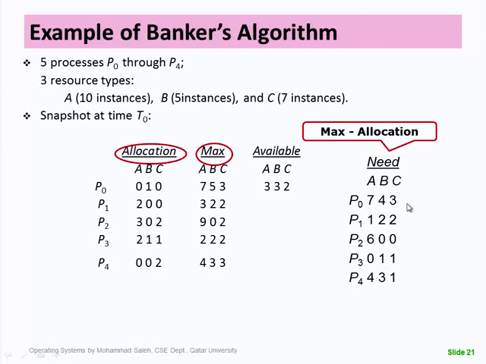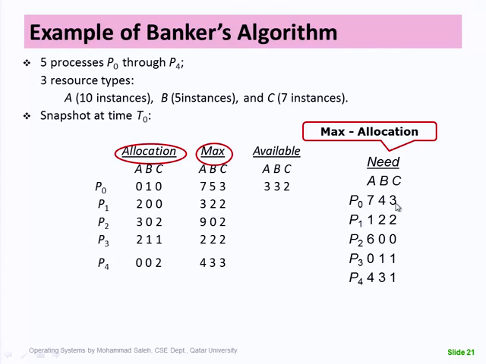Now, the Needed. Needed is what the process will need, looking at what it claimed earlier and what it currently has. So this is a process that claims 7 of A, 5 of B, 3 of C. Currently it is using 1 of B. Means it might need 7 of A, 4 of B, and 3 of C in the future. So this is the Needed, the leftover of what it can claim.